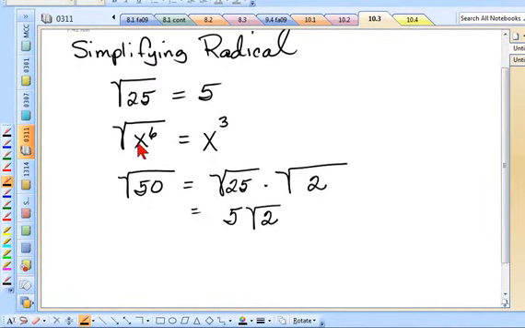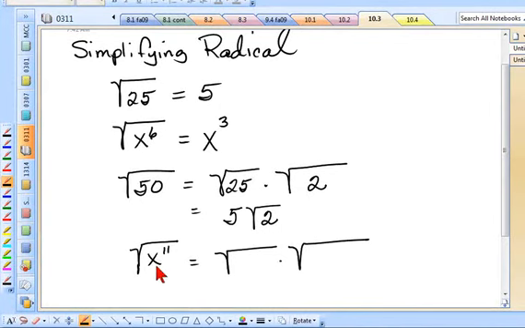When it comes to radicals with variables, let's suppose I had x to the, let's say 11th. That is not a perfect square since that's not even, so I would have to factor it as well. When I factor it, it's actually easier to do the ones that have variables with exponents. If this is odd, then this term is not a perfect square.